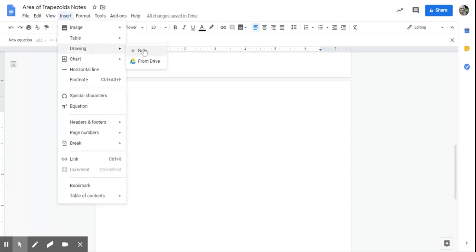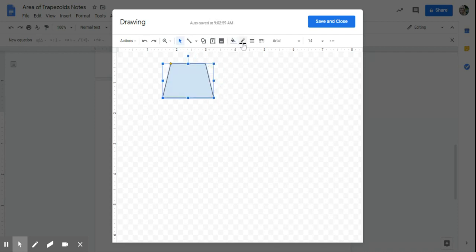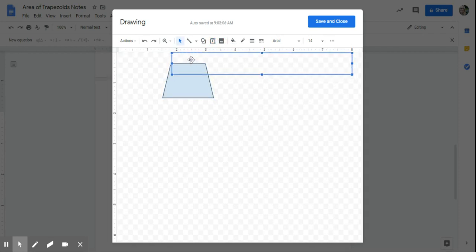So I'm going to go in and draw a brand new trapezoid. Here we go. There's my trapezoid. And I'm going to actually label specific numbers this time. So let's say this top base 1 is 12 inches.